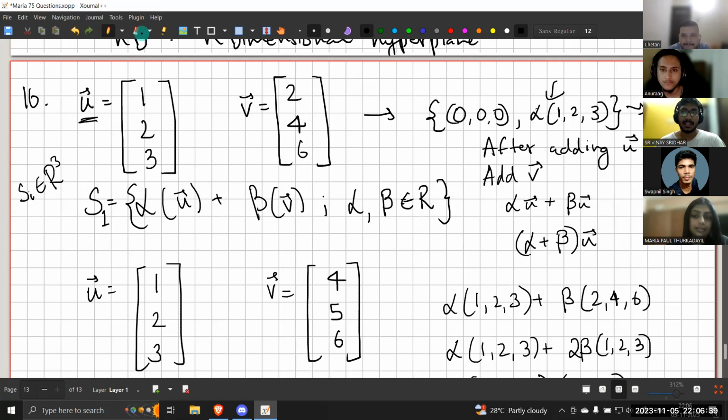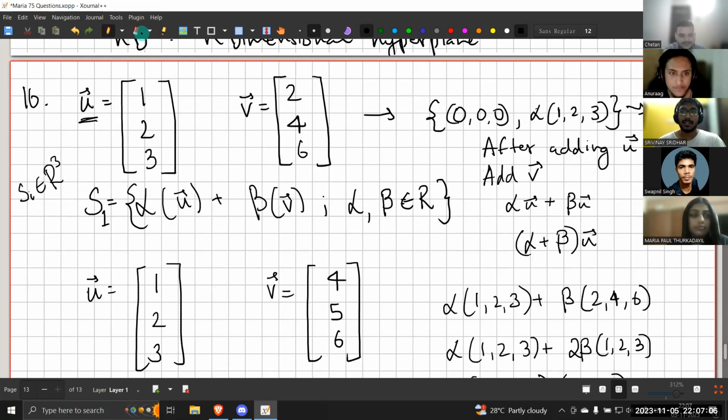Because I can write this as alpha by 2 into (2, 4, 6), right? Or you can just think about it: alpha values of multiples of 2, alpha equal to 2, alpha equal to 4, alpha equal to 6. It includes all points on this line.